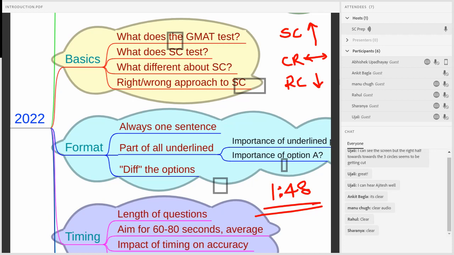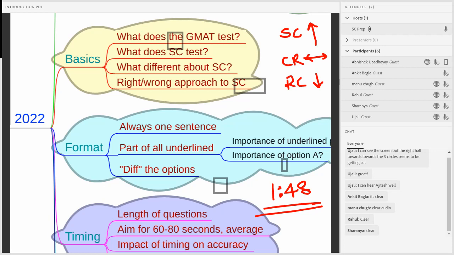And I have seen performances from students who've got 100 or close to 100% accuracy in SC with total verbal scores of above V44. So I'm talking about V45, V46 kind of scores. And SC average times of around 40 to 50 seconds. That is how much I've seen people push this. That's what's possible. So that is why SC is such a huge opportunity.